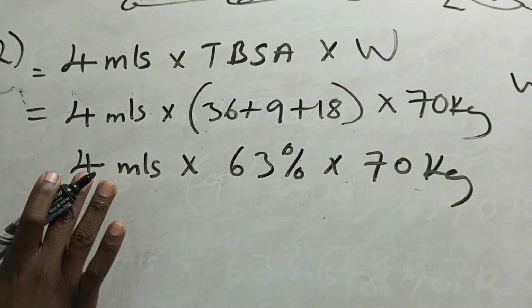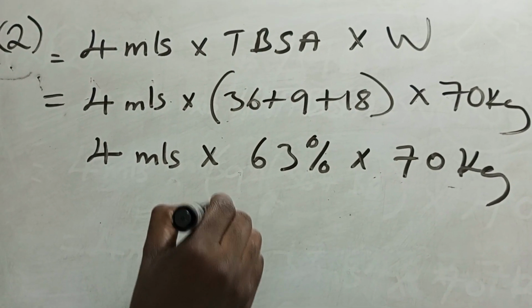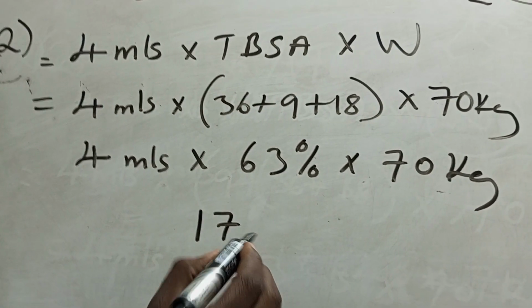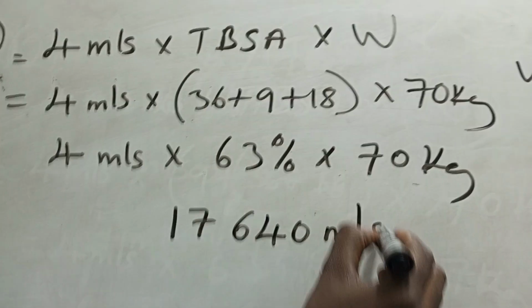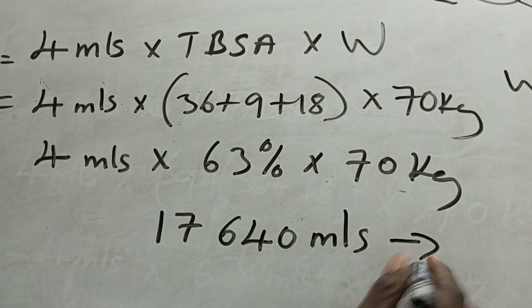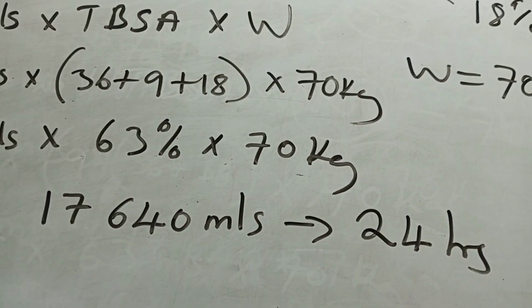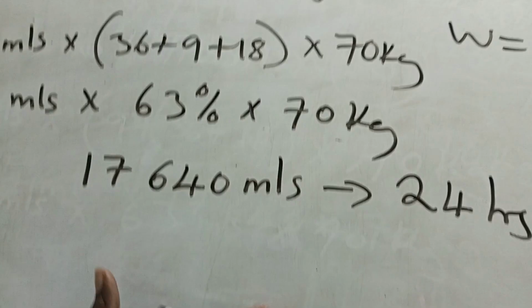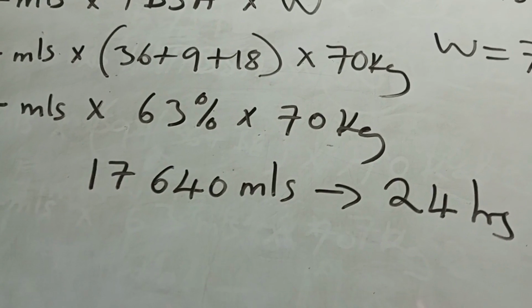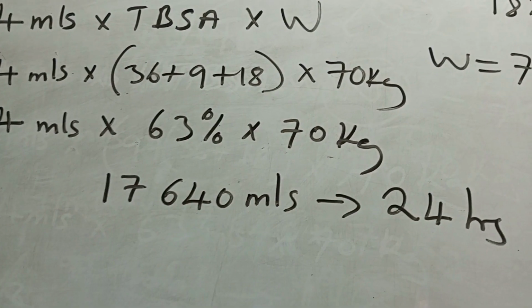So if you multiply 4 by 63 times 70, it will give us something around 17,640 mils. So these are the total fluids the patient will receive in 24 hours. Now, according to Parkland's formula, remember, we need to distribute these fluids in 24 hours.